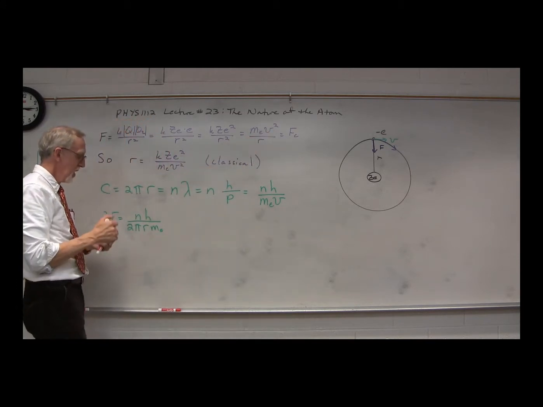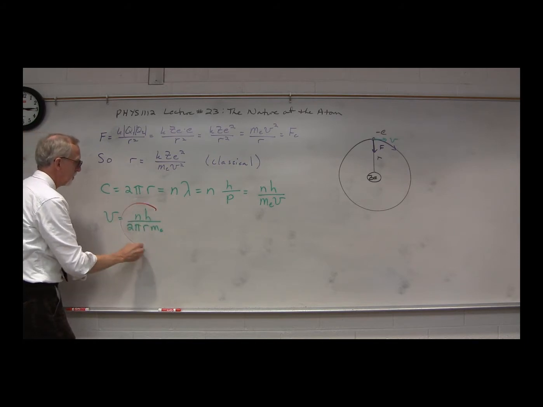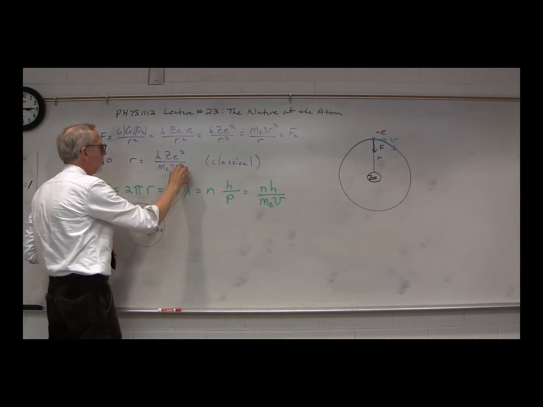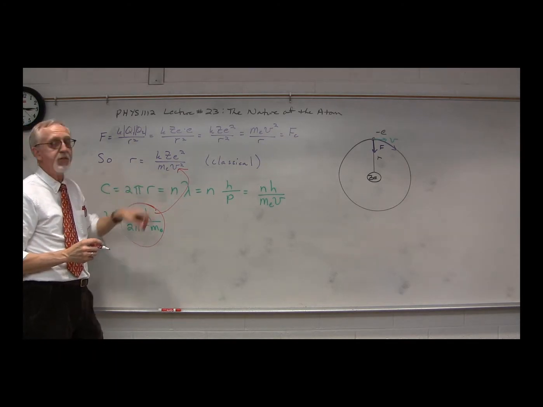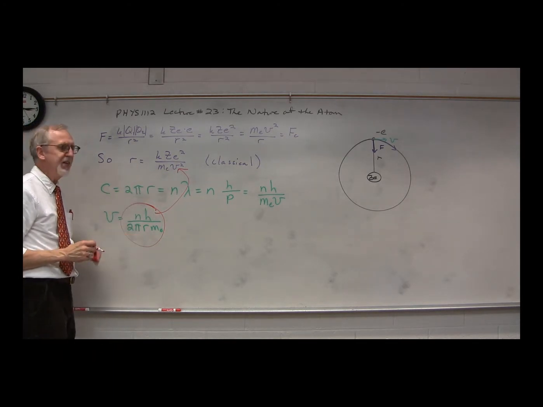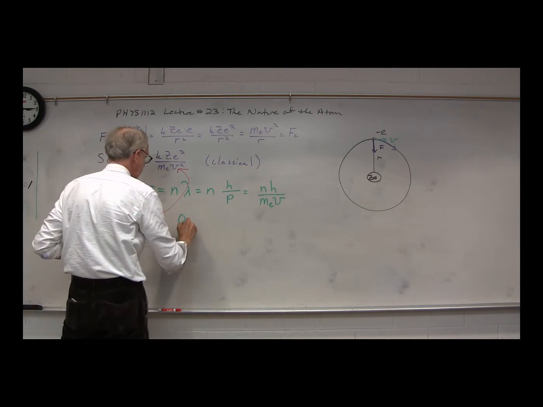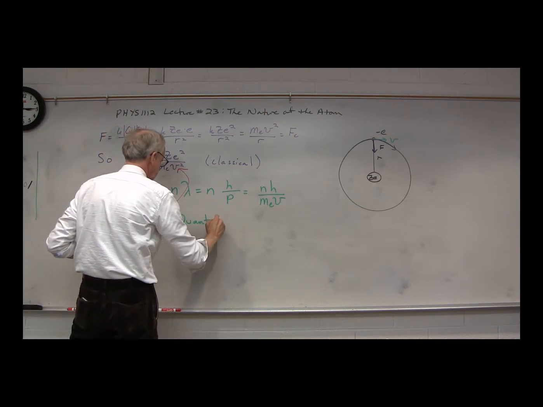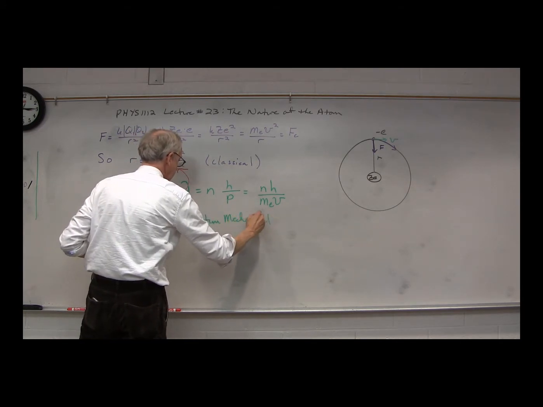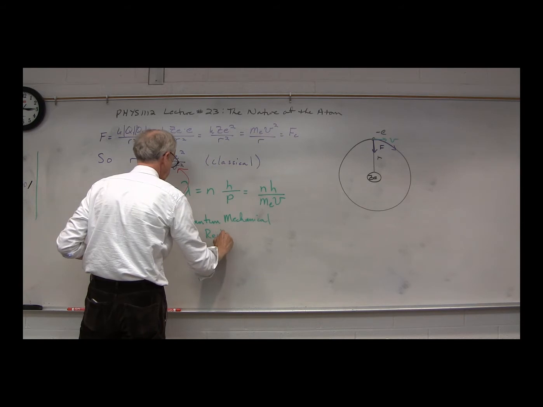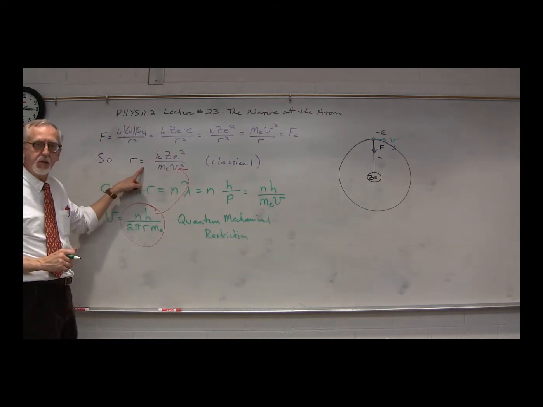centripetal force. Now, we're going to take this result for v and put it into this equation here for our classical result for the radius of the orbit. This is going to give us a quantum mechanical restriction. So this is our classical result.